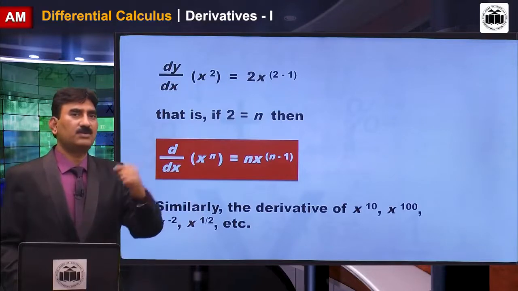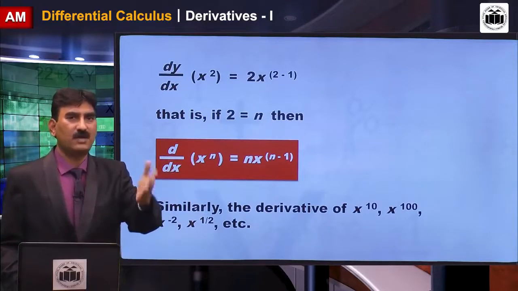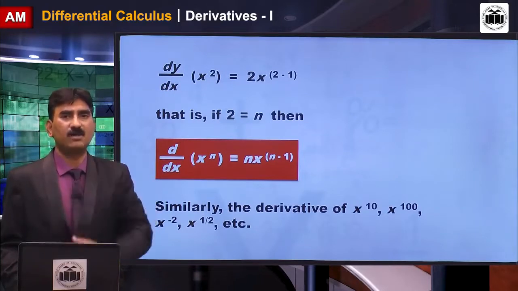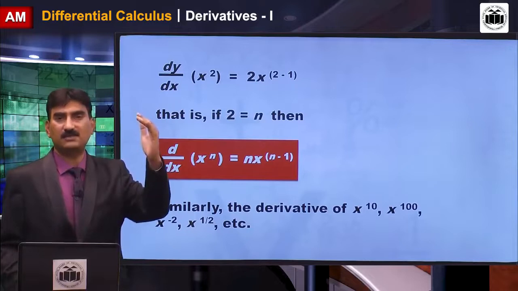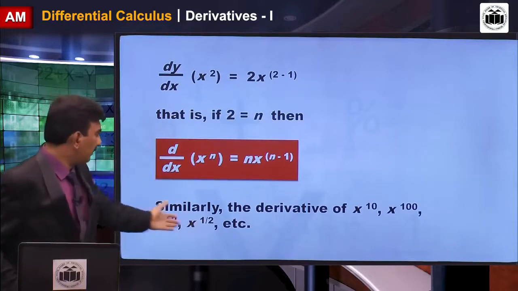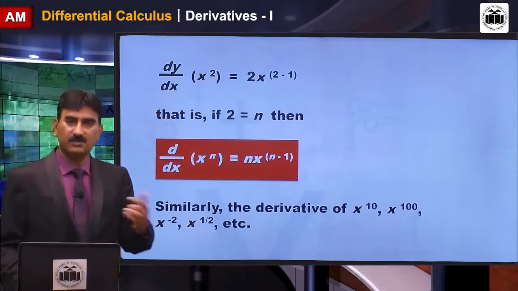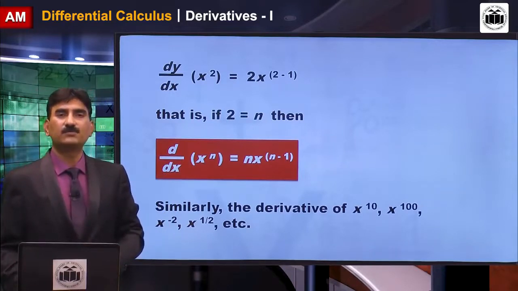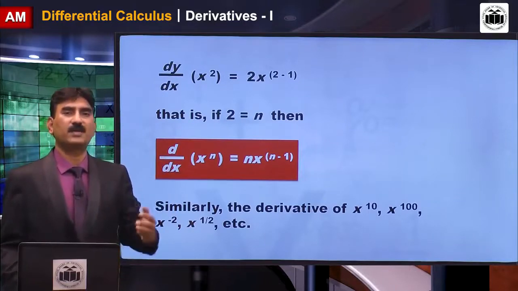Correct. Now instead of n, we substitute 100. So see, 100 x raised to 100 minus 1. So what we get? 100 into x raised to 99. Correct. Take another example: x raised to minus 2. Now we take a negative number as an index. So apply the formula. Now you tell me, what is the derivative of x raised to minus 2?